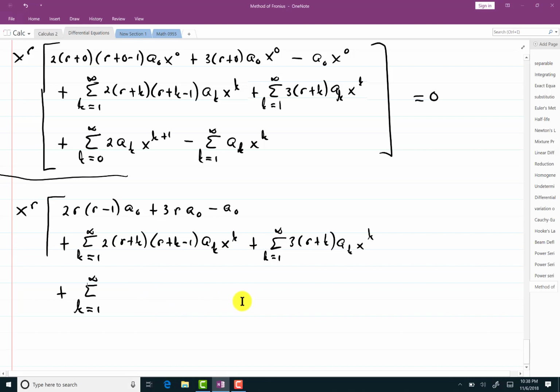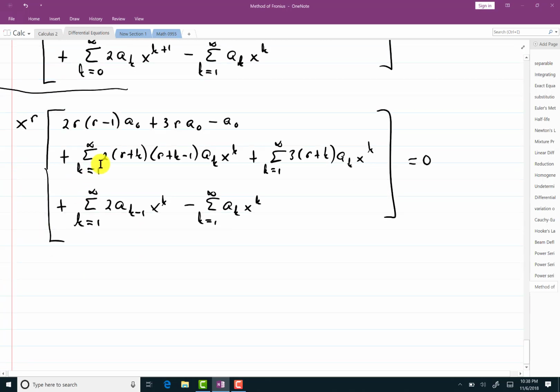So this will change to 2a sub k minus 1 x to the k, which matches everything else, minus the sum k equals 1 to infinity, a sub k x to the k. And that equals 0.